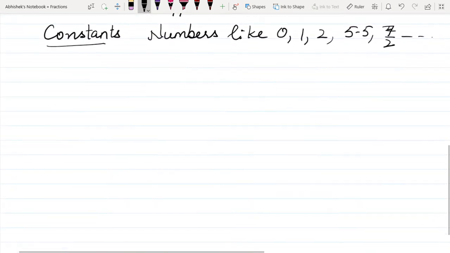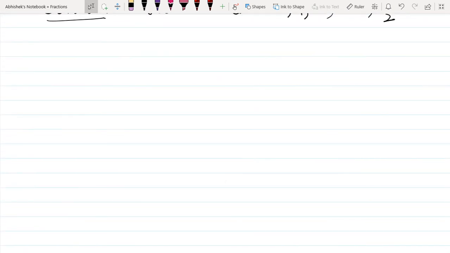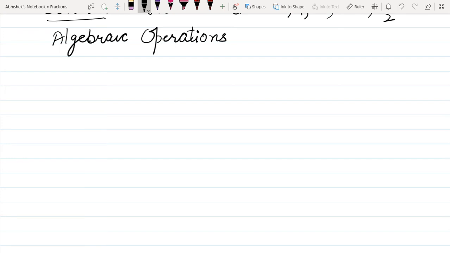So what are algebraic operations? An algebraic expression is a combination of one or more terms formed by using common operations like addition, subtraction, multiplication or division.